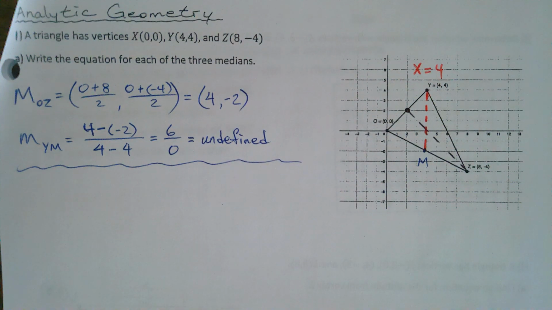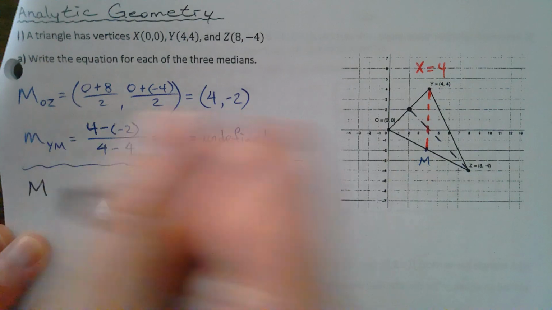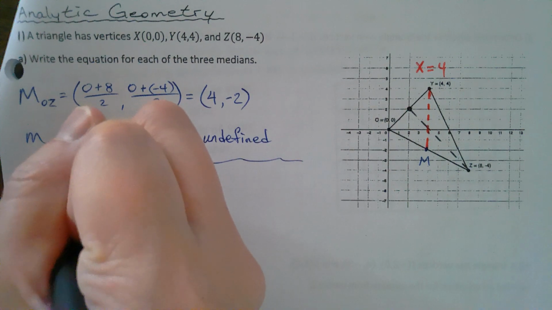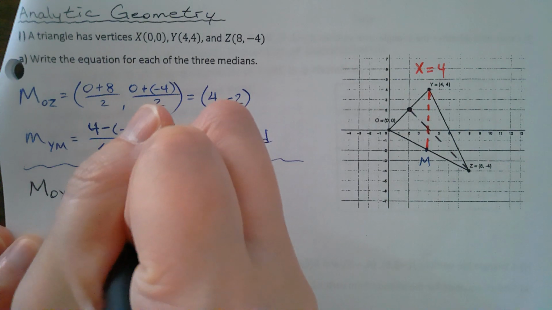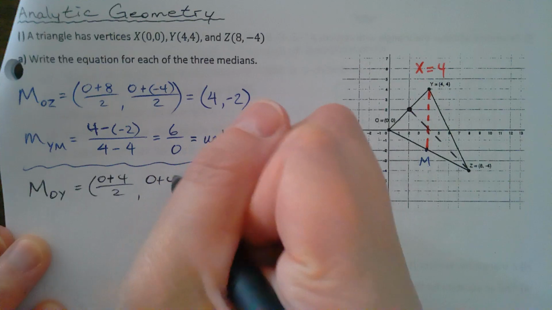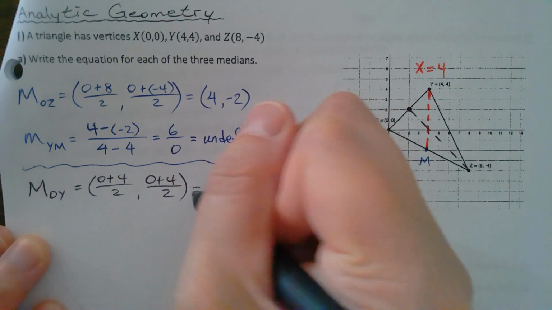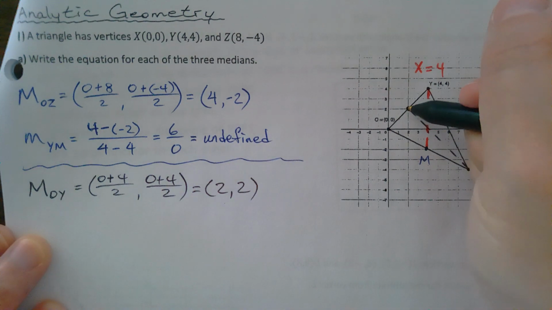For the second line, again, I want to find the midpoint between O and Y. So 0 plus 4 divided by 2, 0 plus 4 divided by 2. I get the midpoint (2, 2), which looks right, is right here. That's my midpoint.